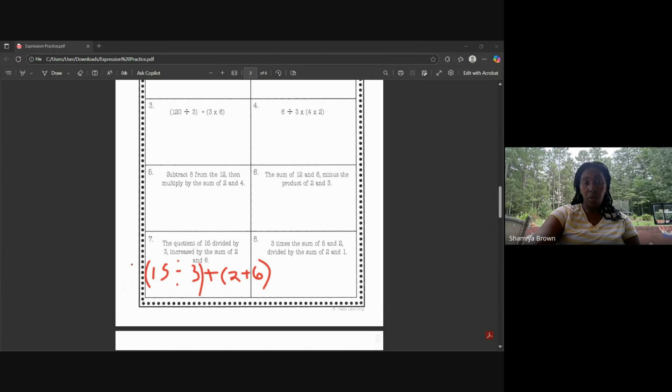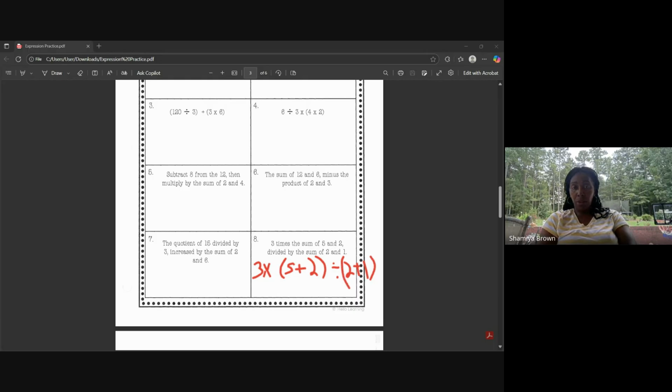And then the last one says 3 times the sum of 5 and 2 divided by the sum of 2 and 1. I'm going to go back and read this to make sure I have it right, because there was a lot going on.